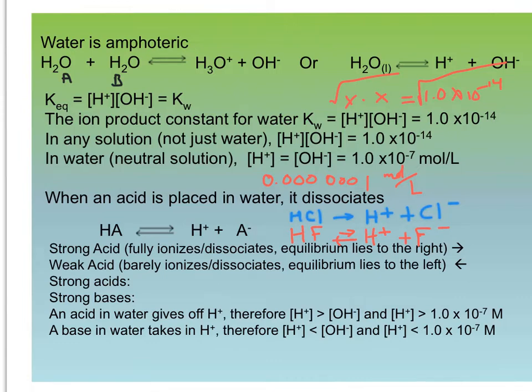So we have HCl, hydrochloric acid, HBr, hydrobromic acid, HI, hydroiodic acid, HNO3, which is nitric acid, HClO4, perchloric acid, and then H2SO4.